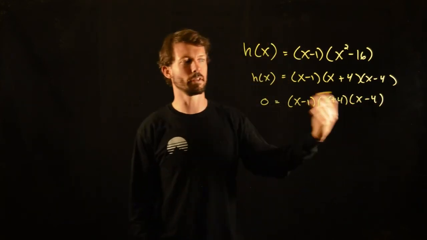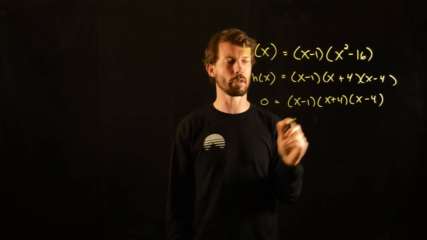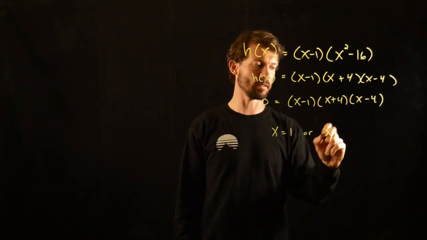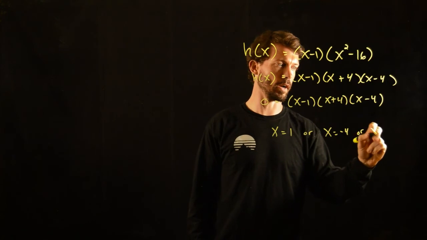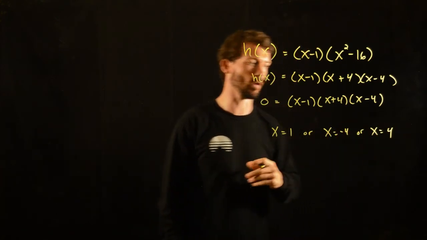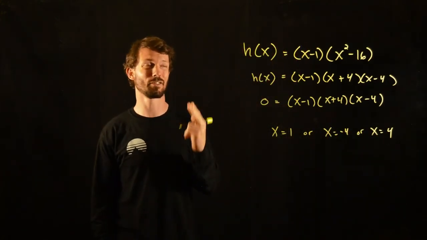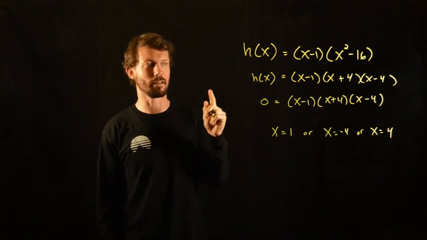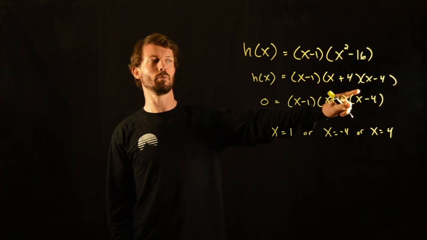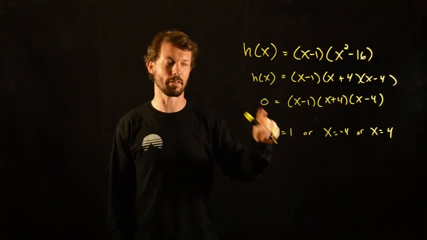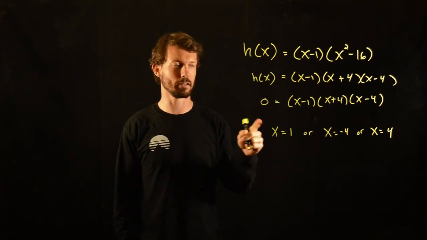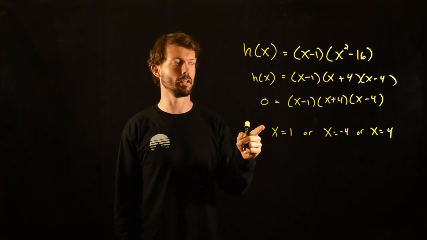If you didn't want to do all that work from this step, I'm okay with you just knowing that x is equal to 1, or x is equal to -4, or x is equal to 4. So this one really has 3 x-intercepts. And this will be a lead-in to Algebra 2, or stuff that we've seen previously. Think about what that graph might look like if you had 3 x-intercepts.